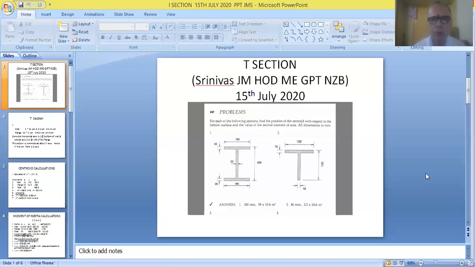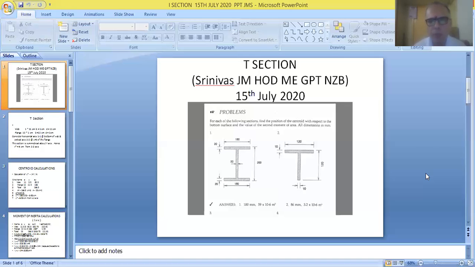So all the dimensions expressed in millimeters can be converted into centimeters. 10 millimeters is equivalent to 1 centimeter, so just divide these values by 10, and you will be getting all the dimensions in centimeters.